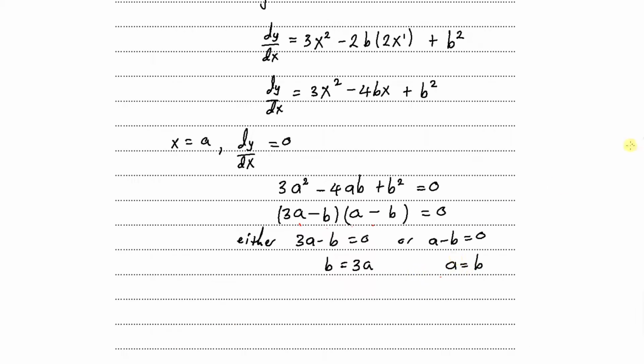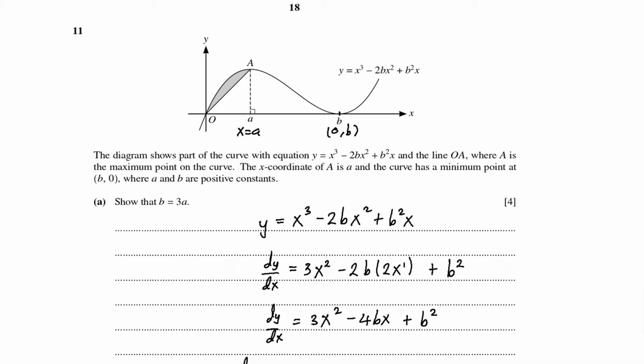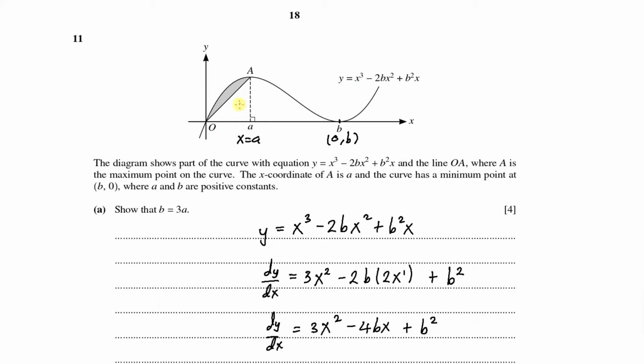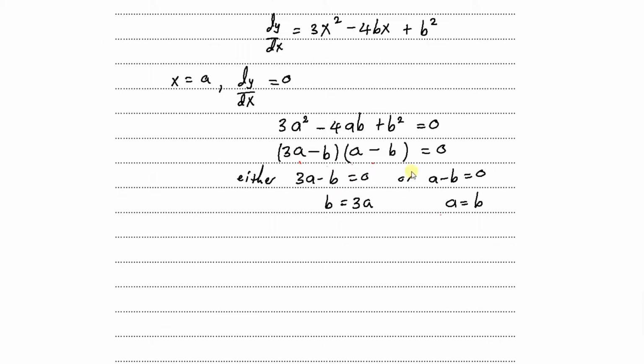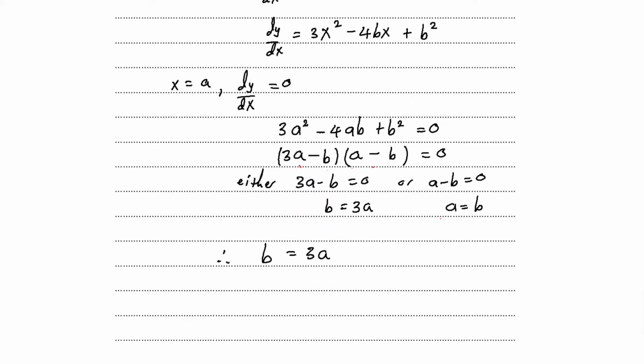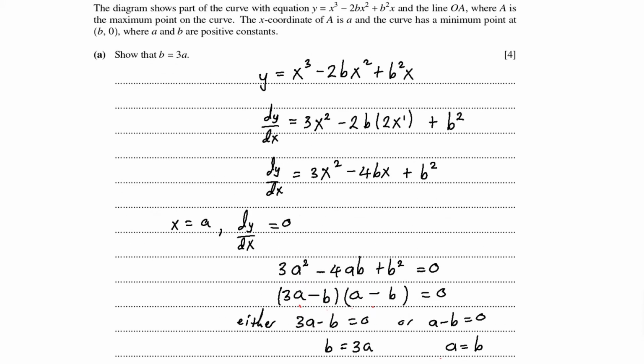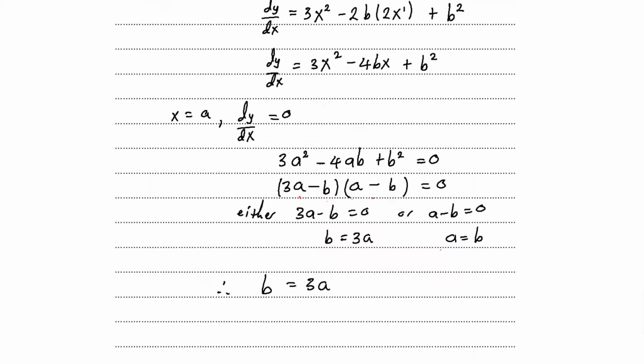But if you go back to the graph, you can see that there's no way that a can be equal to b, since a and b are distinct points. So we're not going to make use of a = b, and therefore we can conclude that b = 3a. This is what was required for us to show, and we have thus done that.